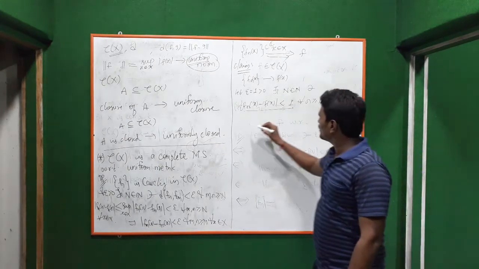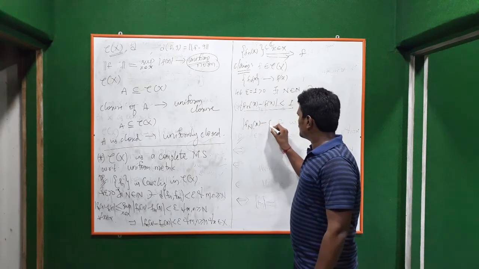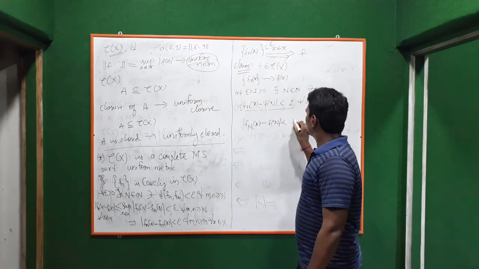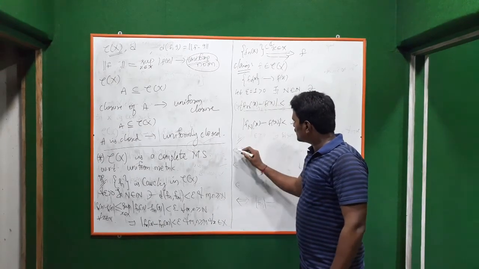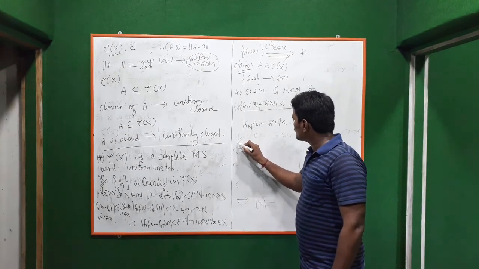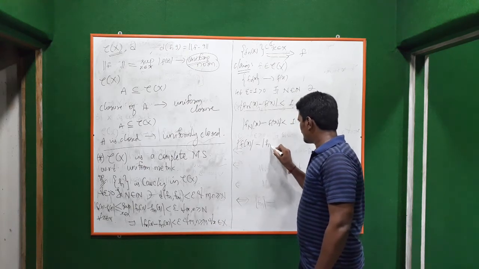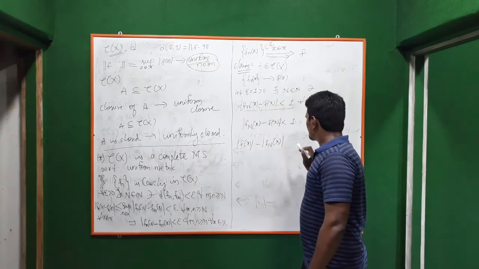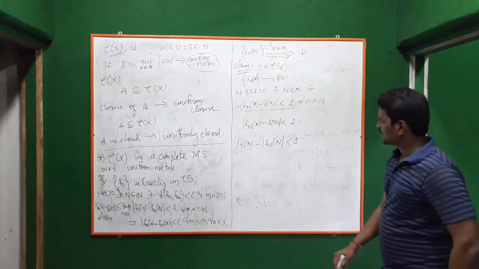So in particular, this is true for this N also: mod FN of x minus f of x is less than 1. And this is greater than or equal to mod f of x minus mod FN of x, which is less than 1. Correct.